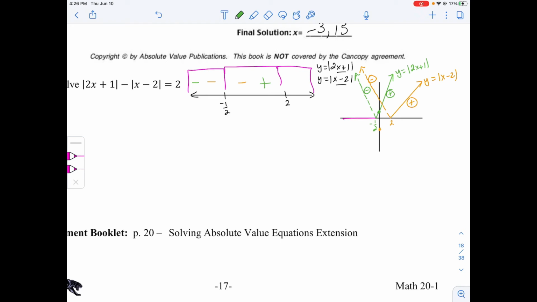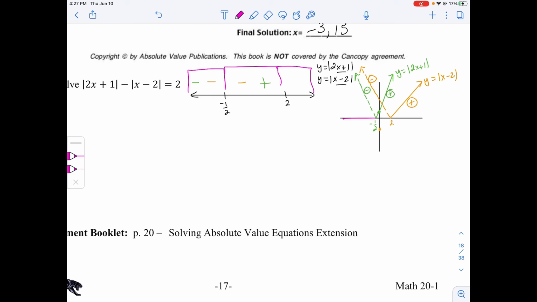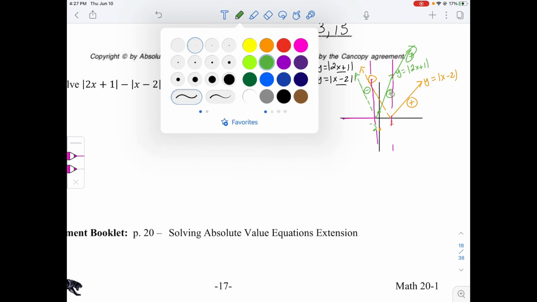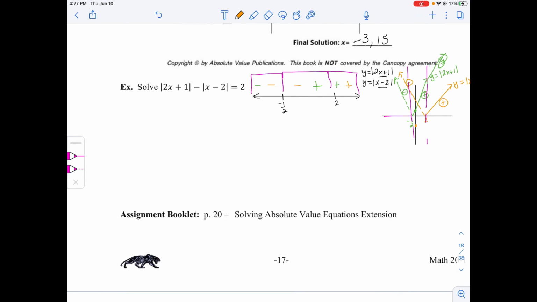And then beyond the 2, the green would continue on in the positive, so here we've got a positive and a positive. So we want to look at these domains separately.